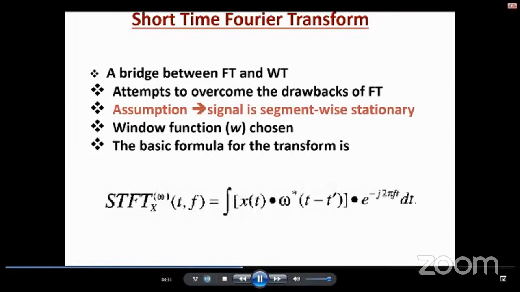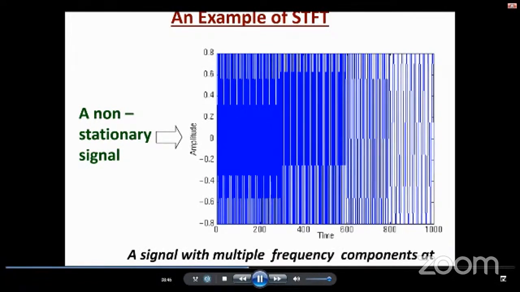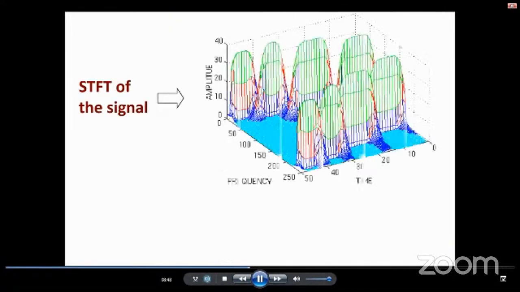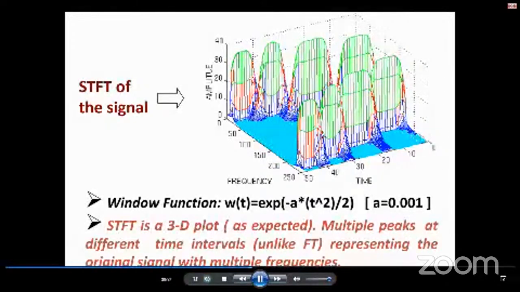After this, this drawback was overcome with the short-term Fourier transform, in which the signal is considered to be stationary segment-wise. So the non-stationary signal was once again considered, and the short-term Fourier transform gives a time, frequency, amplitude representation of the signal.